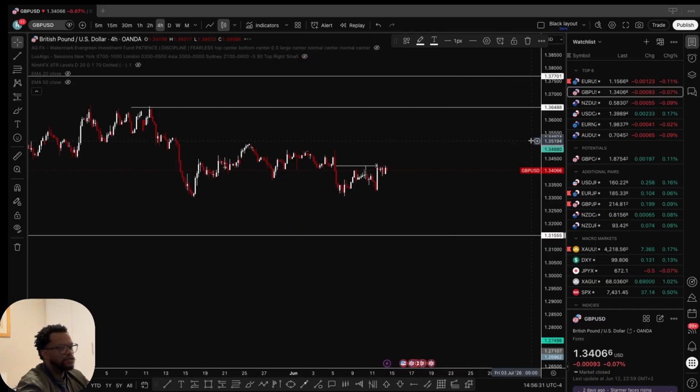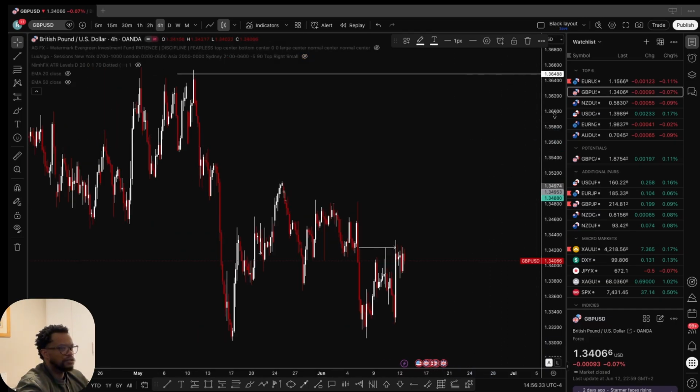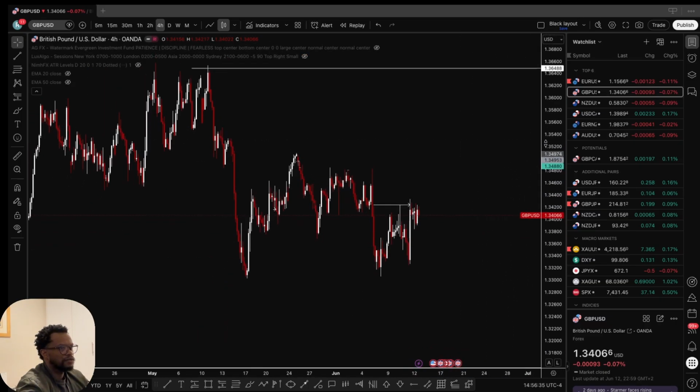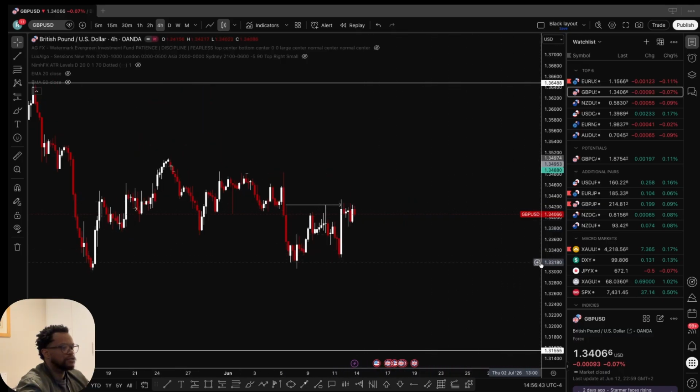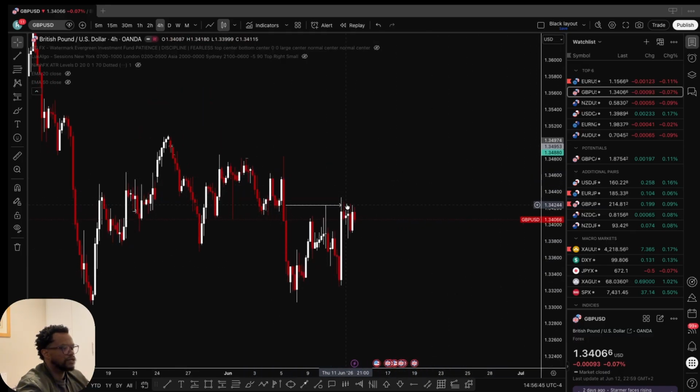If I look closer, you can see similar push correction structure, 1 2 3 into the value area. The good thing about this one is we've actually interacted with this value area here, so that's a good thing about pound.